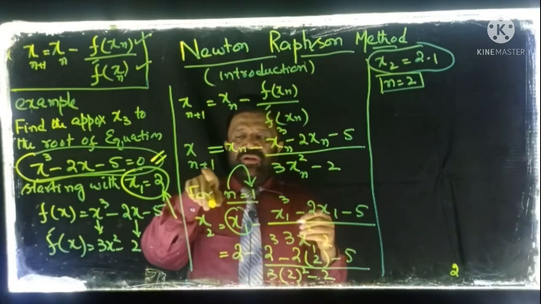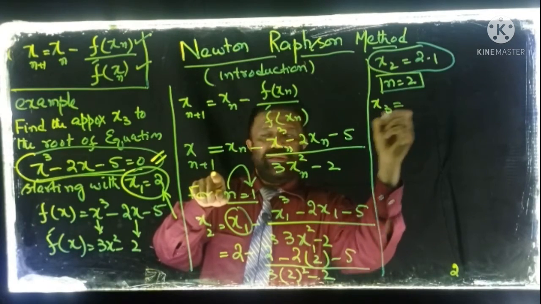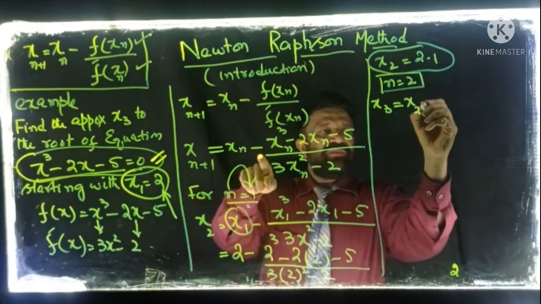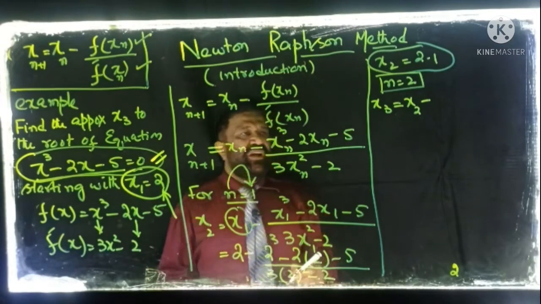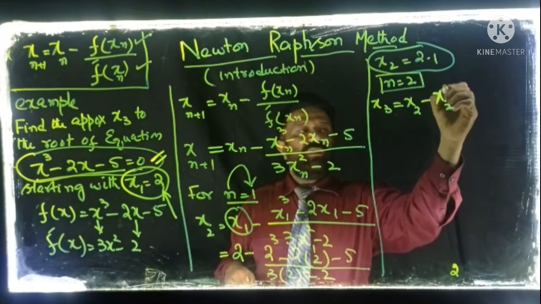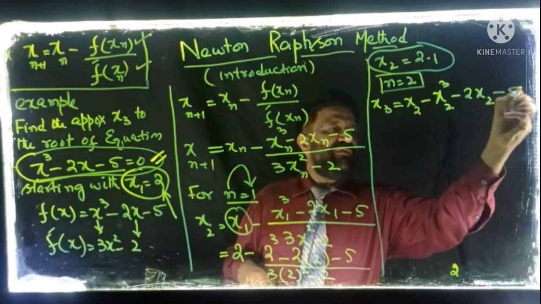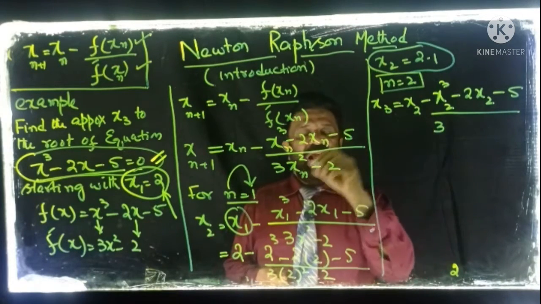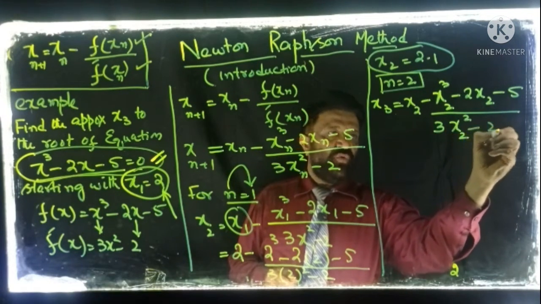So 2 plus 1 is 3, so x3 equals x2 minus (x2 cube minus 2x2 minus 5) divided by (3x2 square minus 2).